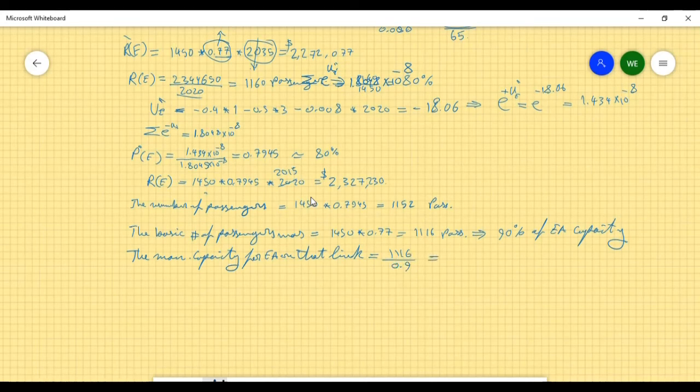So that's 1240 passengers. So that's the maximum number of passengers.